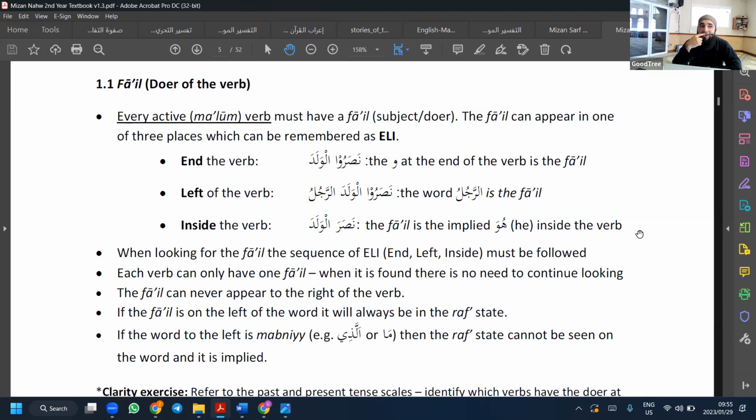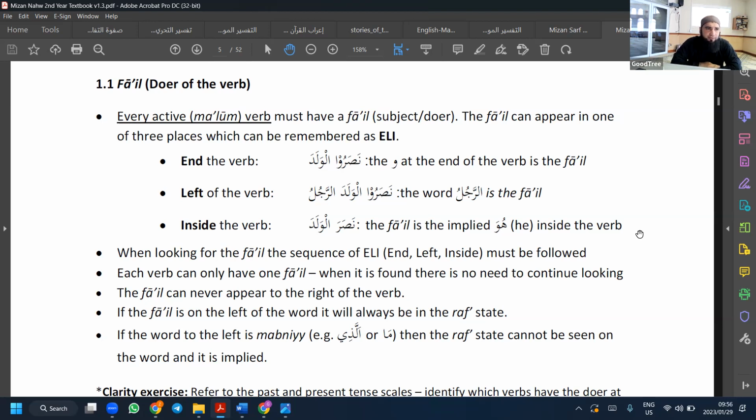What does it mean translated? Muhammad ja'a bil Quran. If you have ja'a plus bi, you can translate it as bring. So Muhammad brought the Quran, sallallahu alaihi wasallam. Right?